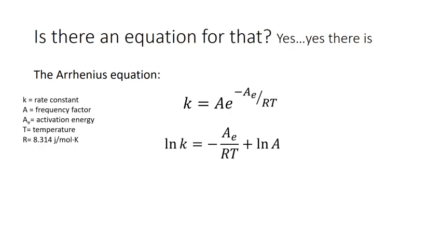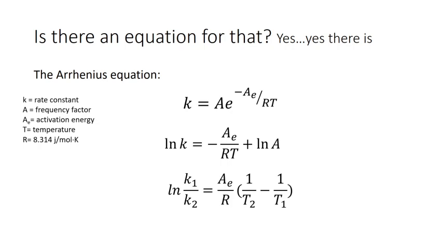Sometimes you will see this in a linear form, where you have your approximation of y equals mx plus b. So that is the Arrhenius equation in linear form. And then the most often found version of it is when you are comparing things at two temperatures.